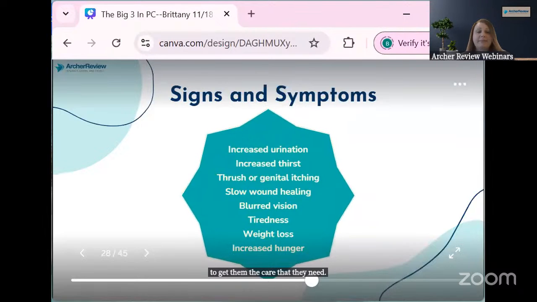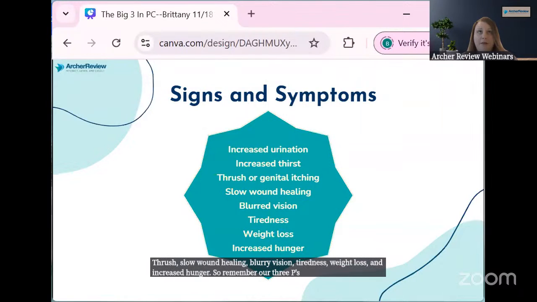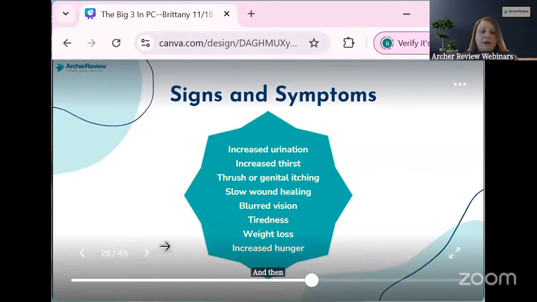Okay, signs and symptoms of diabetes are increased urination, thirst, thrush, slow wound healing, blurry vision, tiredness, weight loss, and increased hunger. So remember our 3 Ps: polydipsia, polyphagia, polyuria, and then again, visual changes. Of course, slow wound healing could be multiple things.